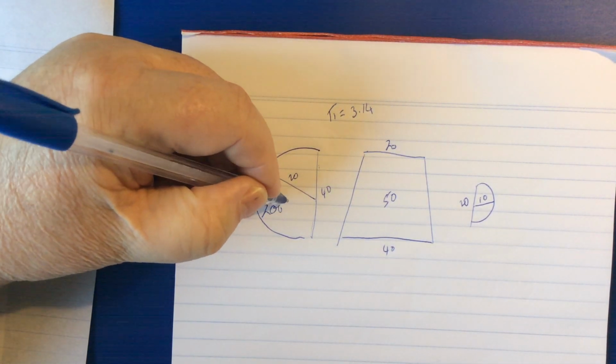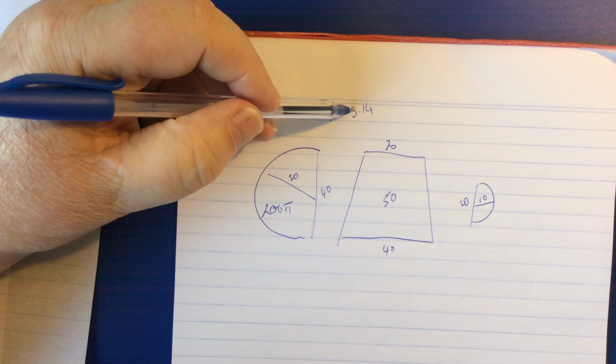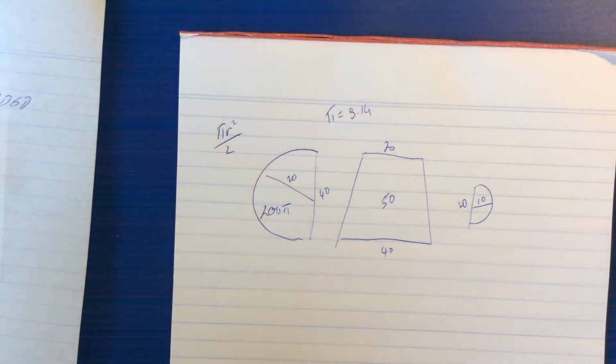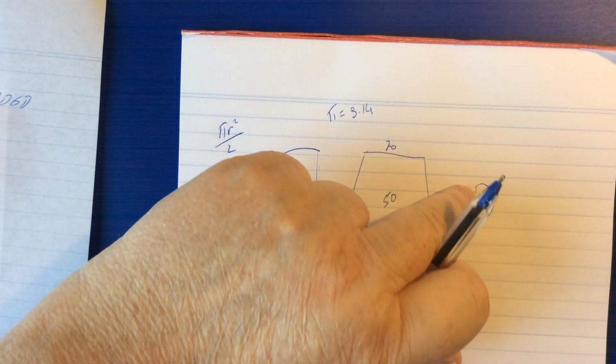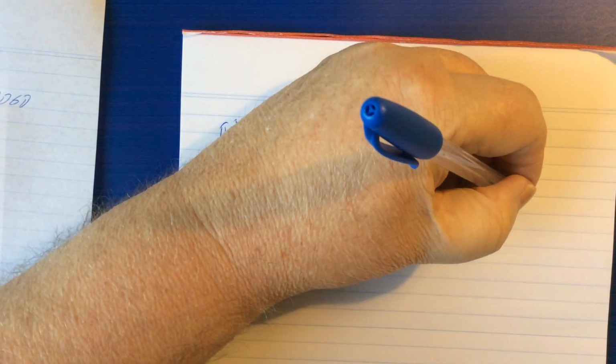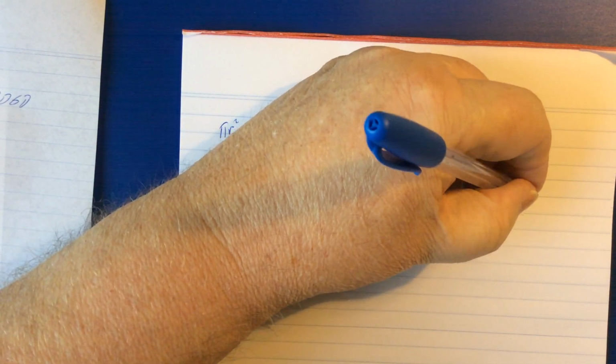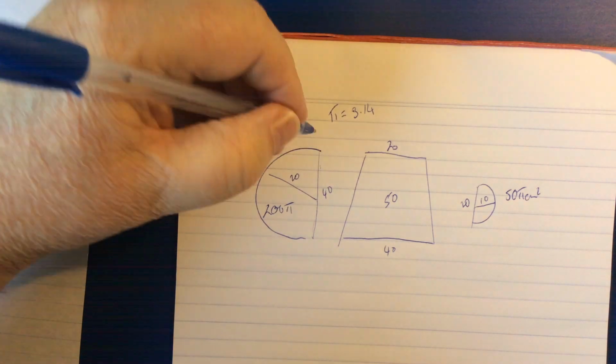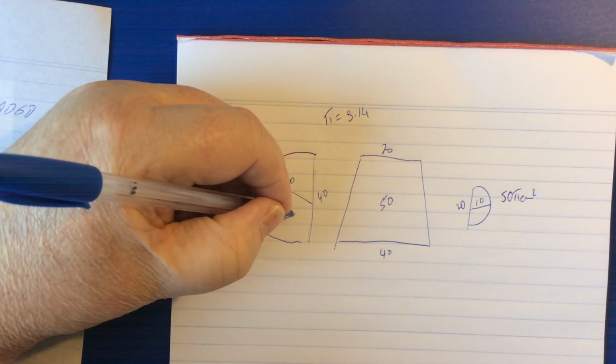We'll leave it at 200 pi and multiply up later by 3.14. We'll do the same for this. Pi r squared, r is 10, pi times 10 squared is 100 pi, so it's 50 pi centimeters squared.